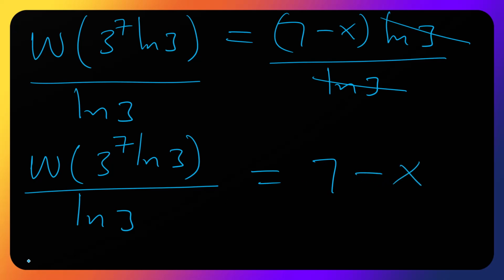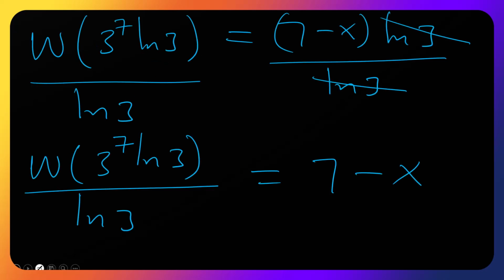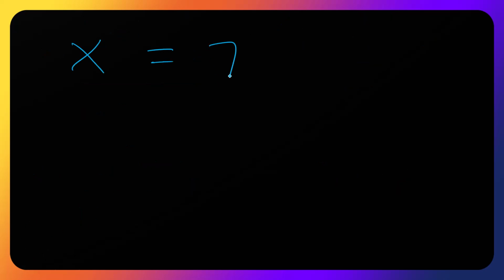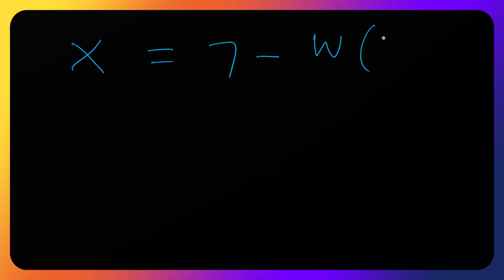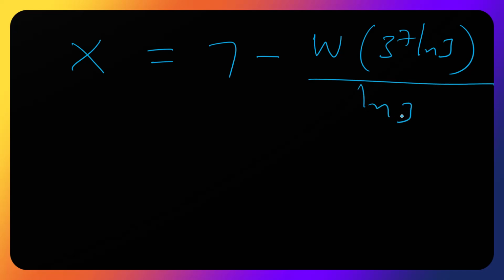So my final answer here will be x equals 7 minus the W function of 3 to the power 7 ln of 3 over ln of 3.